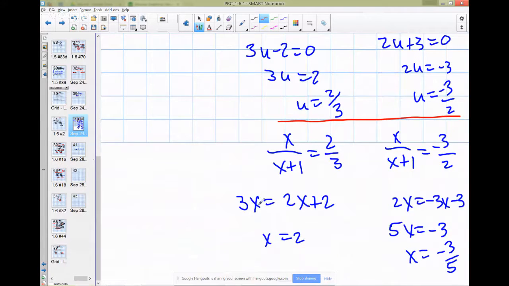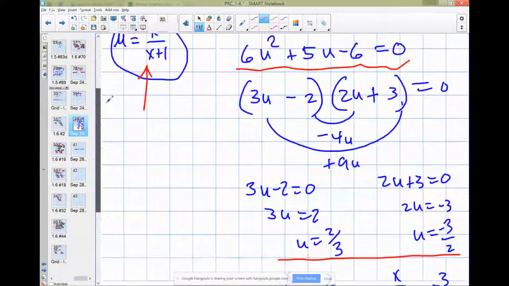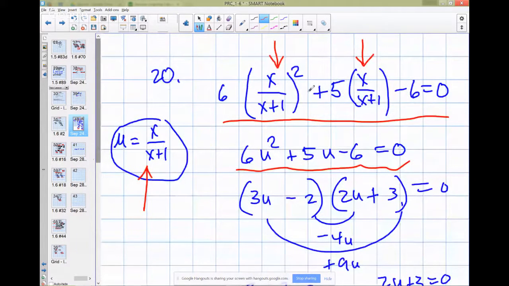X times 3 equals 2 times the quantity, and now we actually have to go back and check, but now we actually have the real solutions, the x values. We'd have been in deep trouble if we tried solving for x up here on top. Substitution really opened this problem up to be solvable.